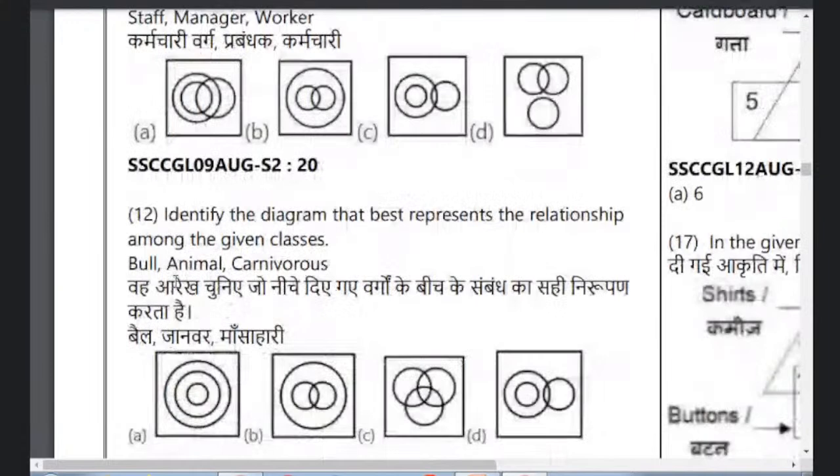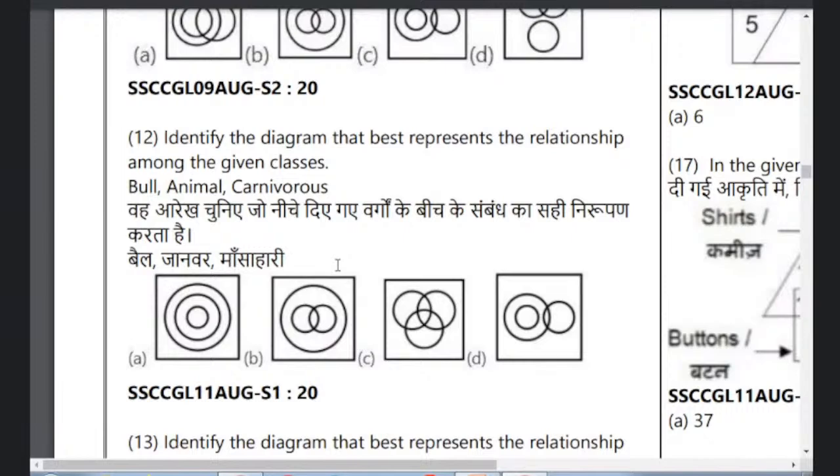And the 12th: bull, animal, and carnivorous. What is the correct option?